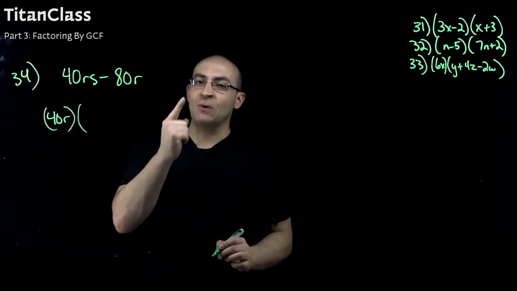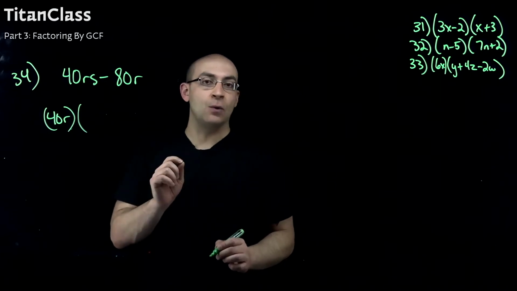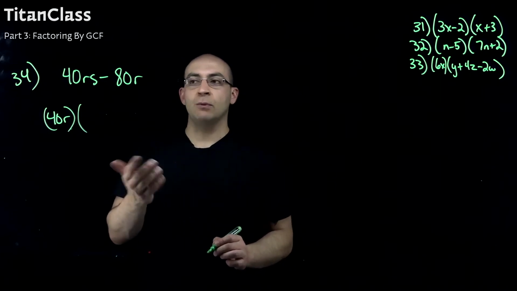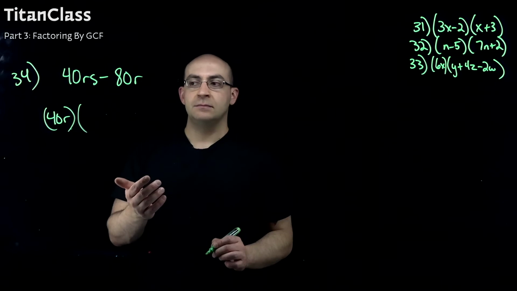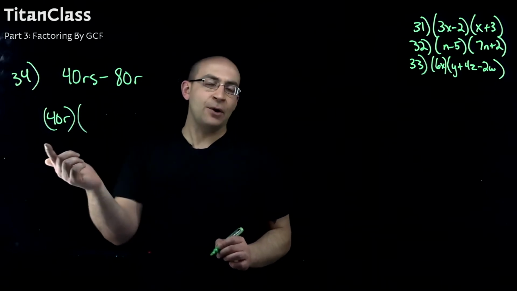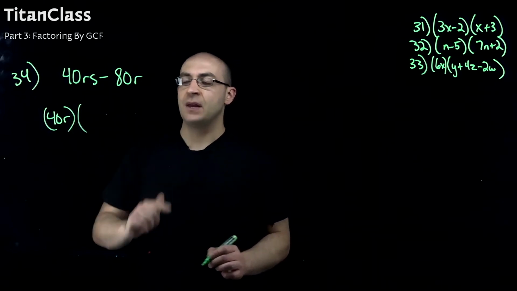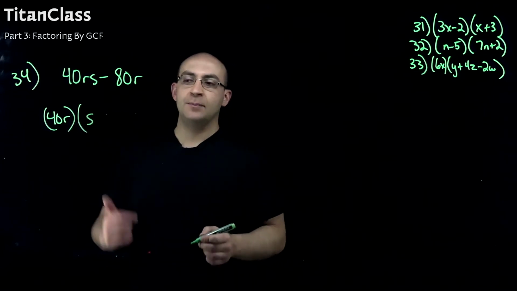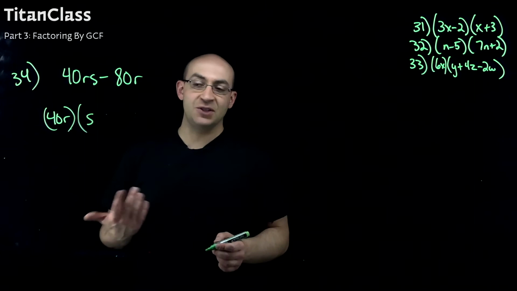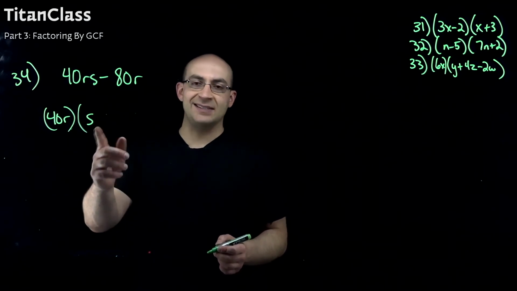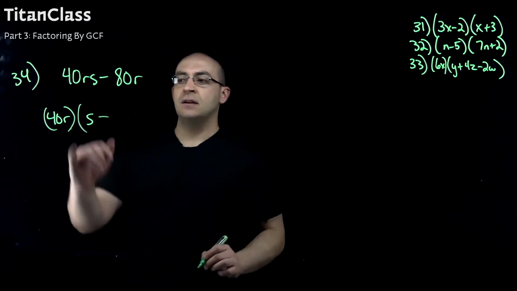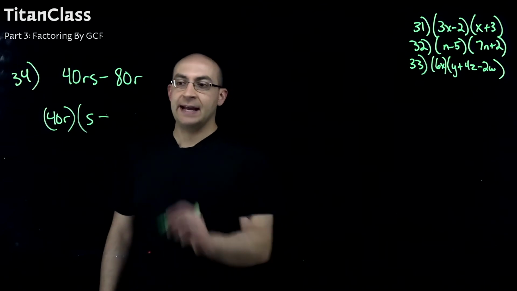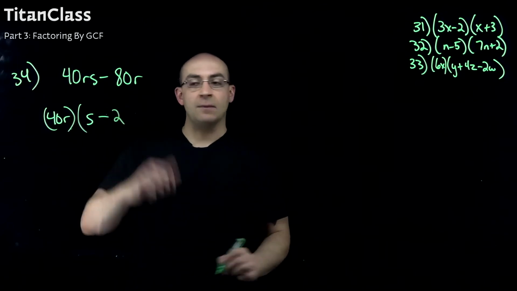Now, I'm not going to write the 1 unless the 1 is alone, meaning there would be no letter I could take out. But the R came out already, and the S has to stay. I don't have to write 1S. If it makes you feel better, go for it, but 1S and S is the same thing. So I'm just going to take the S and leave it there. Minus sign, when I take a 40 and divide it out of 80, I get 2. But the R came out.